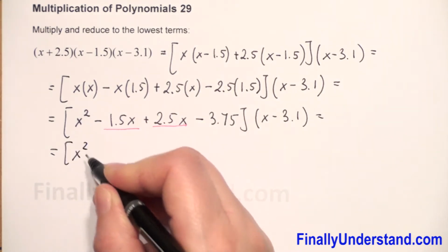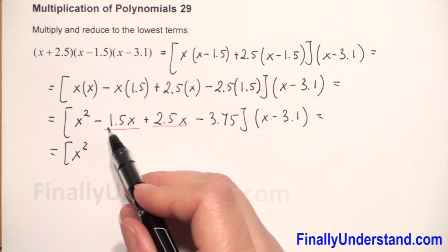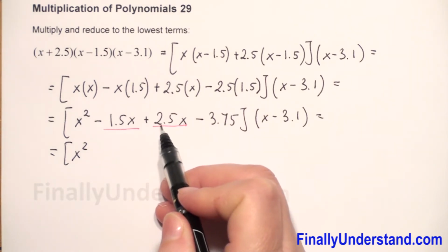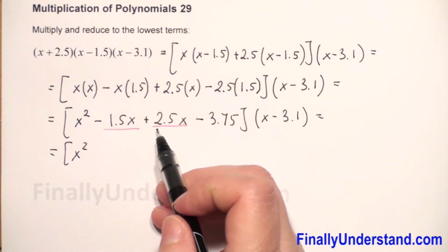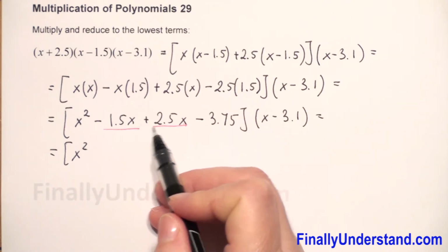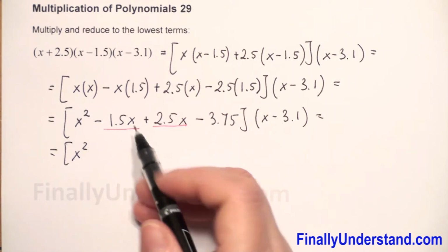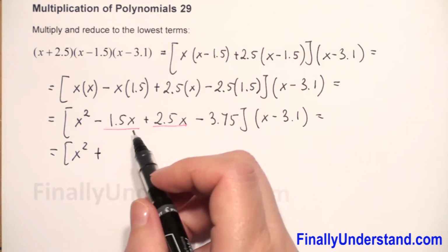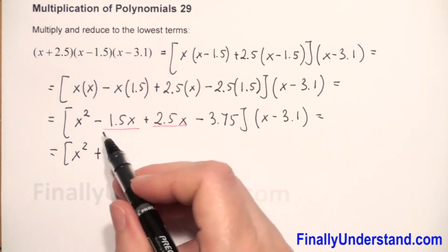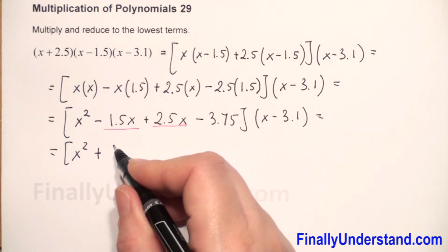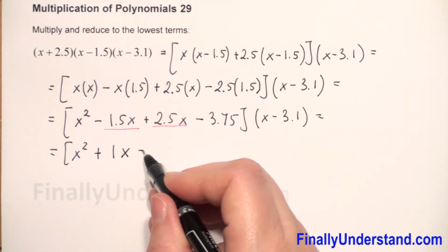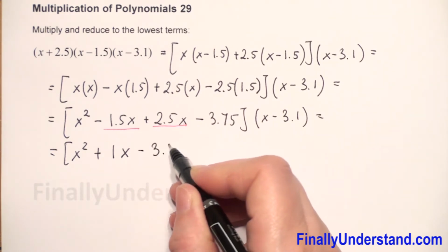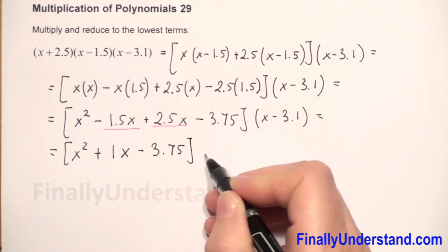We have x squared, and now one term is negative, one positive, so we keep the sign of the term which is greater. So 2.5 is greater than 1.5, so it will be a positive sign. And now we just subtract: 2.5 minus 1.5 is 1, and we write the variable x, minus 3.75, close brackets.